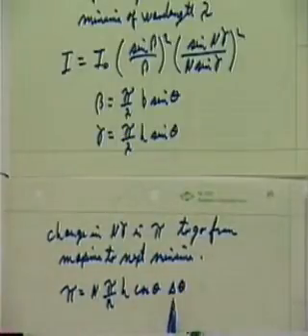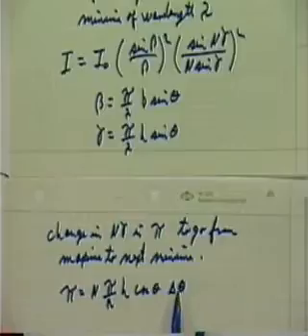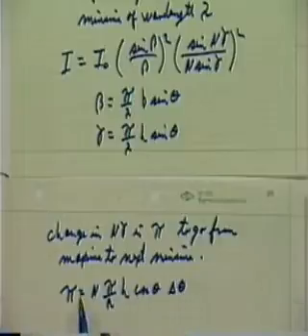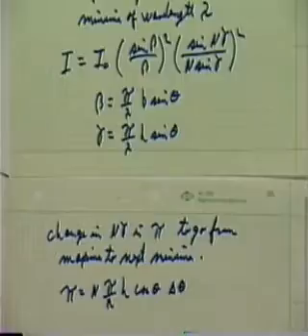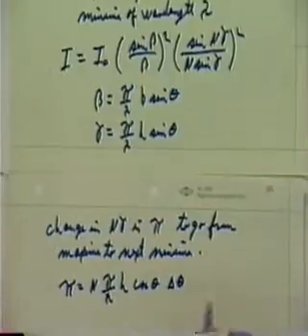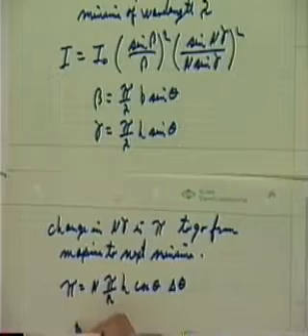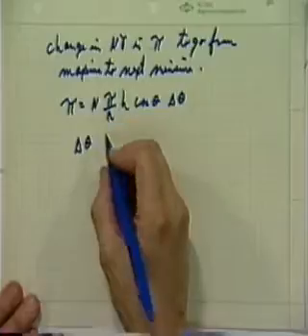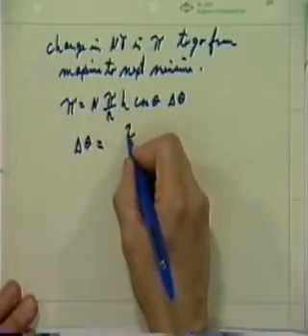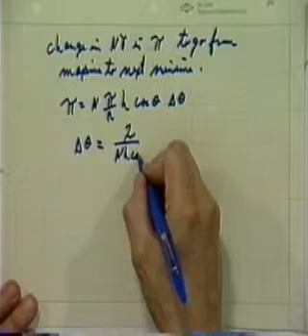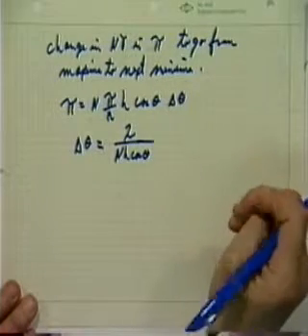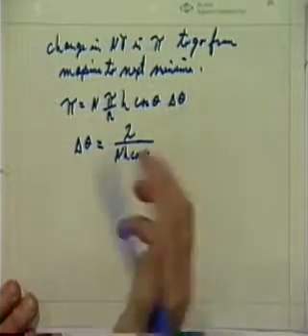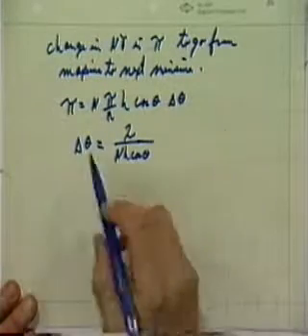So that's a change in theta in going from the maxima to the next minima, where gamma is changing by pi. And so that says that delta theta here is lambda over n h cosine theta. So that's a change in angle between maxima and minima.